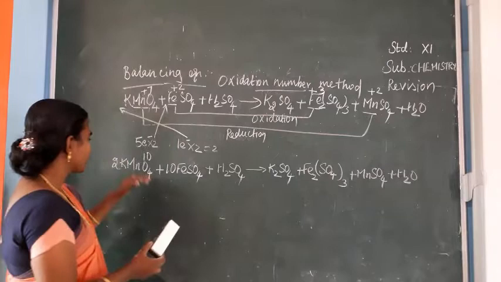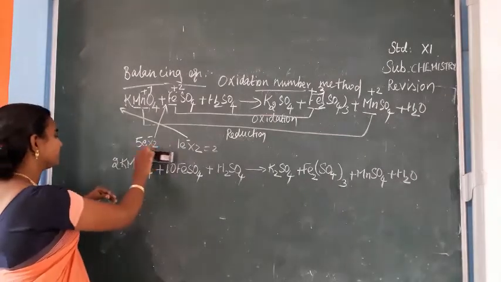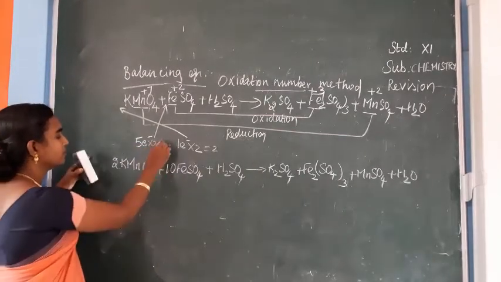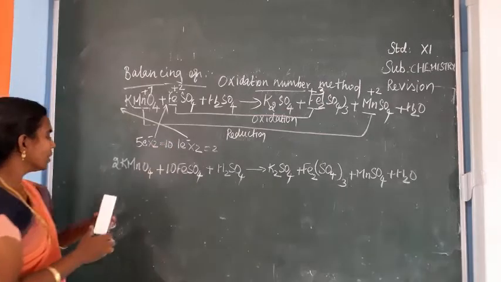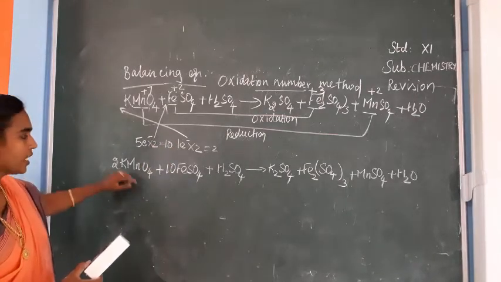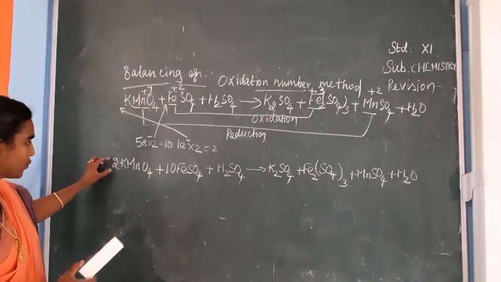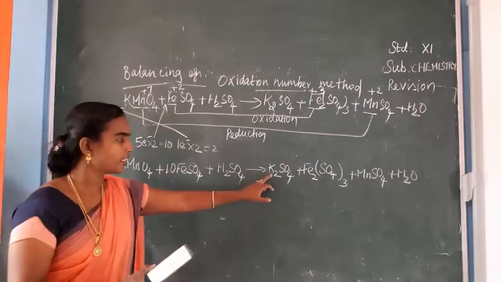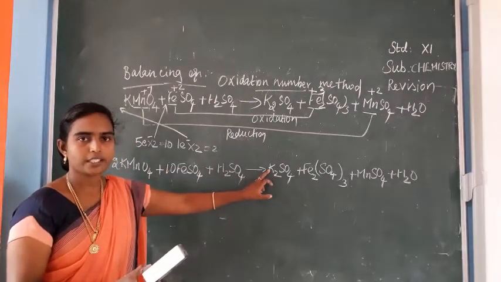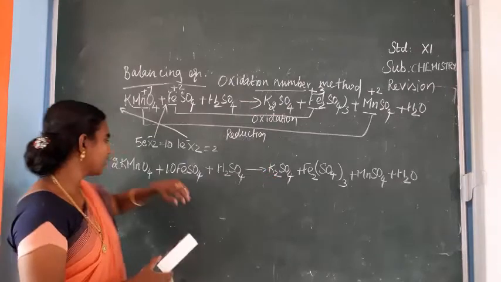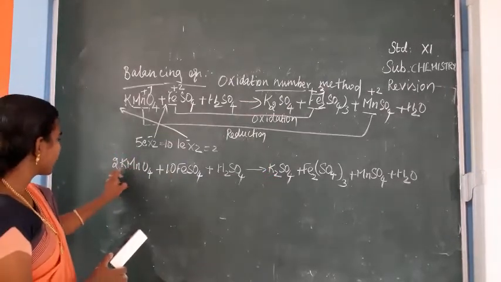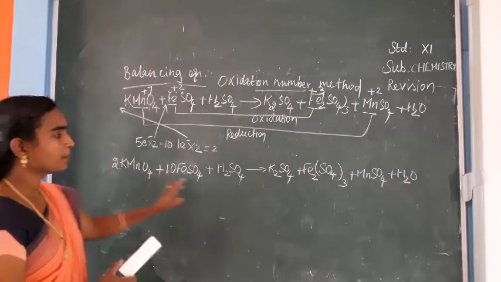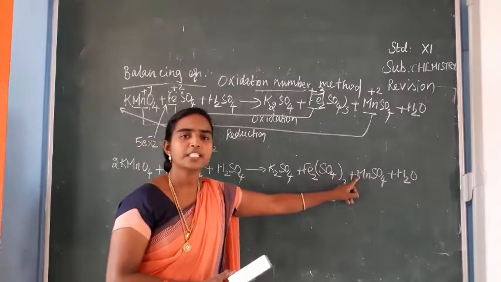Next, what we have to do is balance the potassium. Here 2 K is there; 2 potassium atoms are there. We can leave it. Next Mn: 2 Mn is there, but here only 1 Mn is there, isn't it?